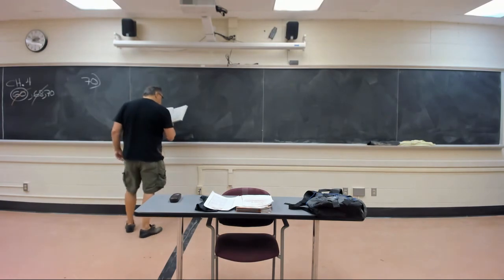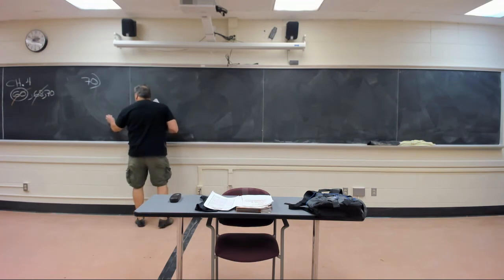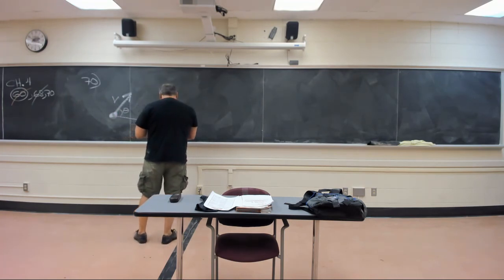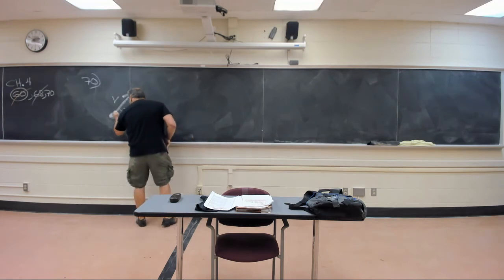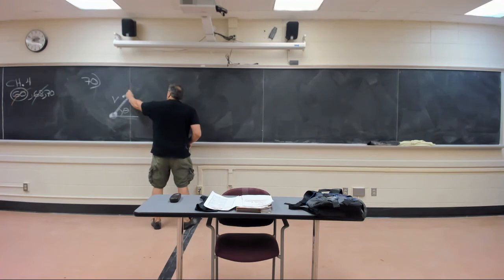So its range is equal to half of its maximum elevation above the ground. So this thing gets fired up. That one's V. This is theta. Simple as that. If I knew how to draw, that'd be great too.